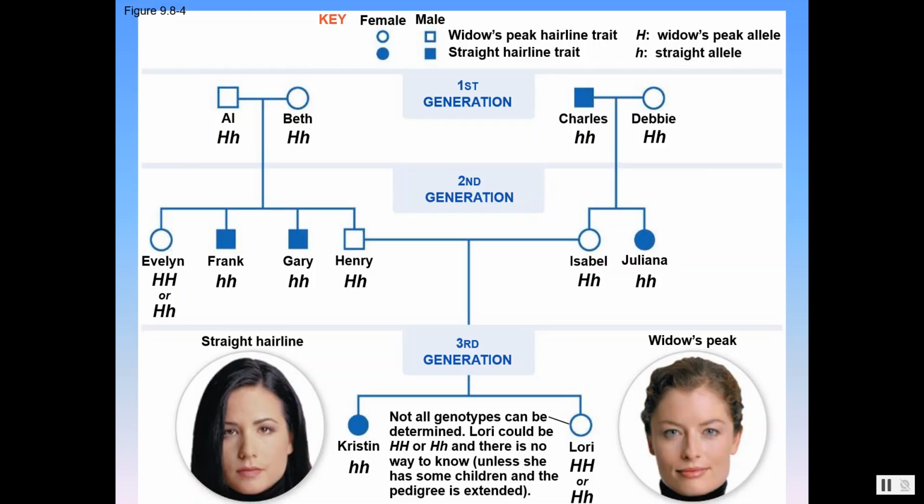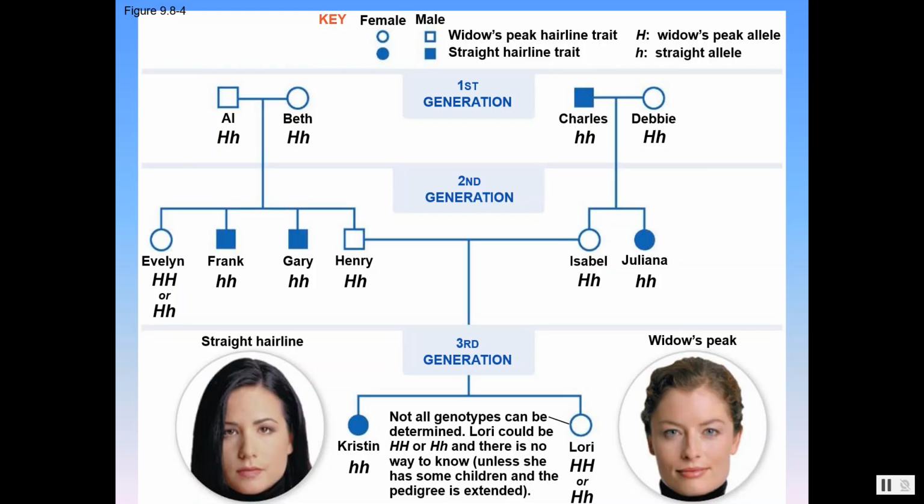Al and Beth both had widow's peaks. 2 of their kids did, 2 of their kids didn't. On the other side, Charles and Debbie, one had a widow's peak, one did not. Of the children, one had a widow's peak and one did not. When Henry and Isabel got together and had 2 children, Kristen and Lori, Kristen did not have a widow's peak, a straight hairline, inheriting the 2 recessive traits from her parents, and Lori is either homozygous dominant or heterozygote. We're not really sure.